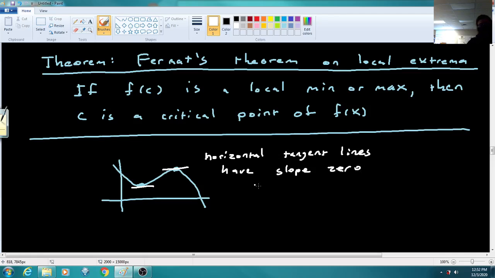If you remember, the first derivative tells us the slope of tangent lines. So if the tangent line's horizontal, that would mean that f prime of x is 0 there.